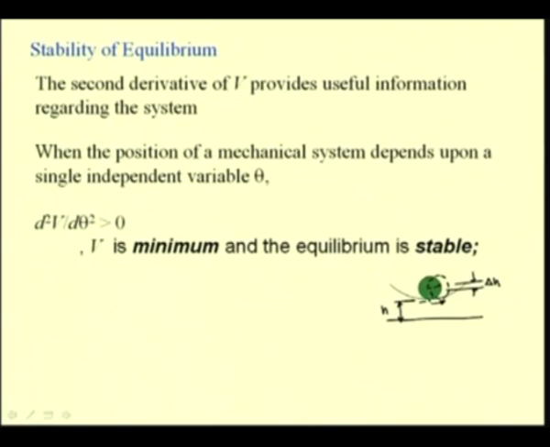The same is the case if we displace in the other direction also. So if we have the condition that d square V by d theta square is a positive quantity, then the potential energy is minimum and the equilibrium is a stable equilibrium. In the sense, at this position the sphere is in equilibrium, and also for small perturbations the sphere comes back to the same equilibrium position.